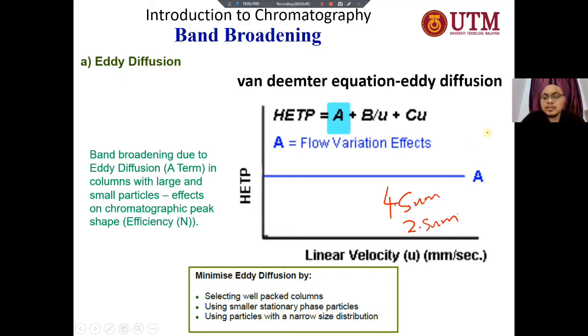For example, instead of using a column diameter of 10 mm, you can use a diameter of 5 mm. This can reduce or minimize the eddy diffusion effect. I think that's it for eddy diffusion.